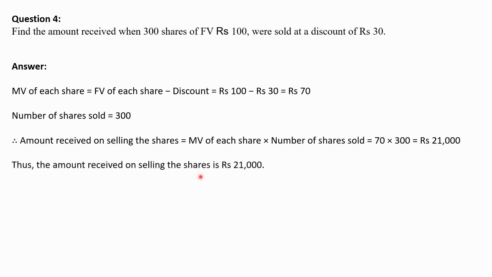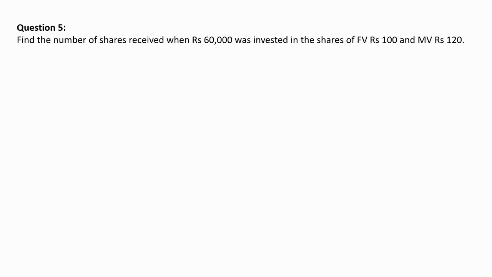Thus the amount received on selling the shares is rupees 21,000. Question number 5. Find the number of shares received when rupees 60,000 was invested in shares of face value rupees 100 and market value of rupees 120.